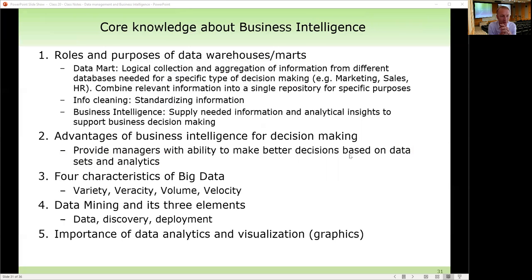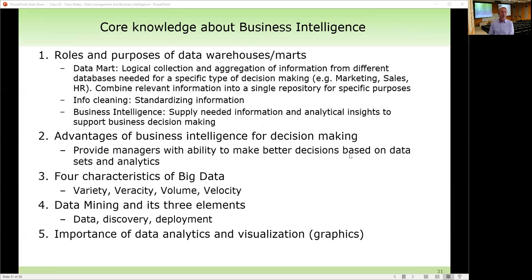We talked about information cleaning, which is standardizing information and setting it up so it doesn't have errors or missing data. We talked about business intelligence, which is how you analyze data to find needed information to support business decision making. Those are some of the core concepts related to the roles and purposes of a data warehouse.